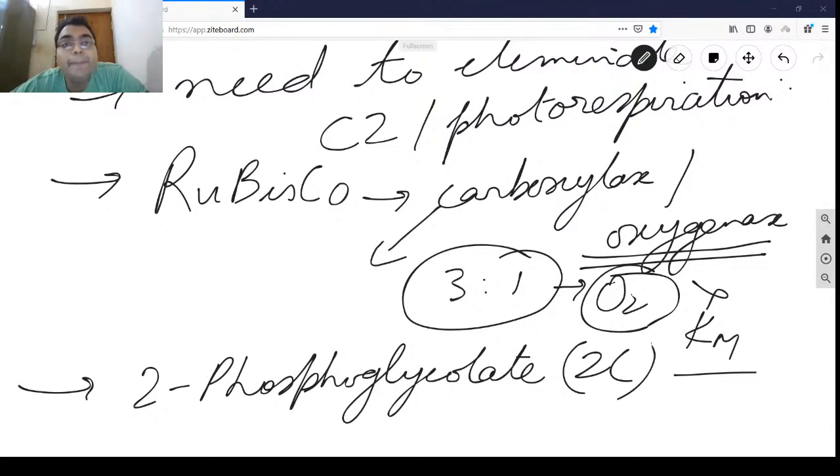Why C4? Because the first compound produced in C3 was 3-phosphoglycerate, a 3-carbon compound. Here it is oxaloacetate, which we have come across many times in the Krebs cycle. Oxaloacetate is a 4-carbon compound. That is why it is termed a C4 cycle.